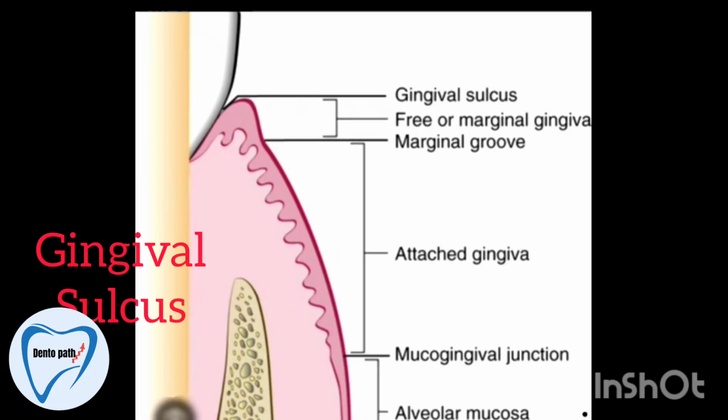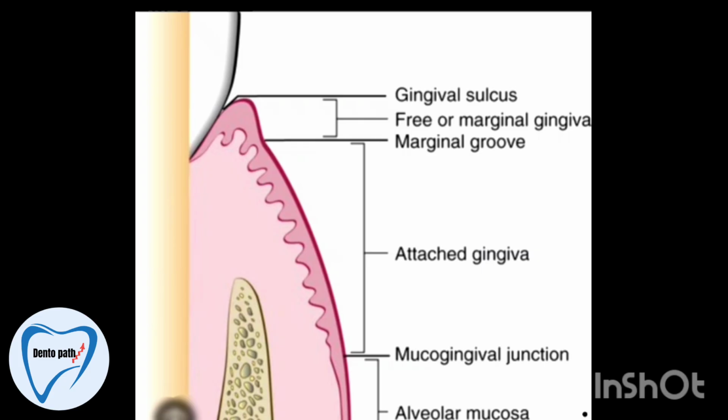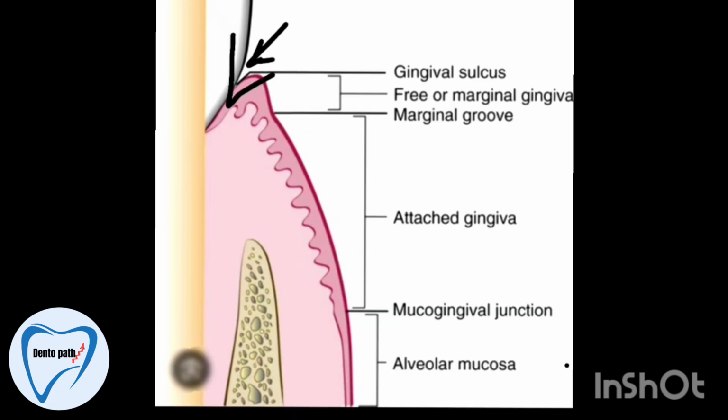Now the gingival sulcus. Gingival sulcus is the shallow crevice or space around the tooth. Here we can see some space. That space is known as gingival sulcus, the shallow crevice or space around the tooth. One side is bounded by the free gingiva and the other side is bounded by the tooth surface.